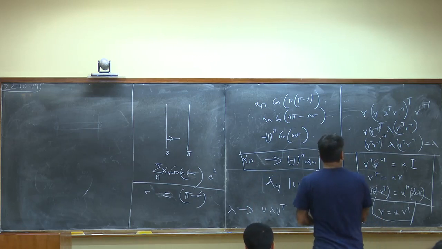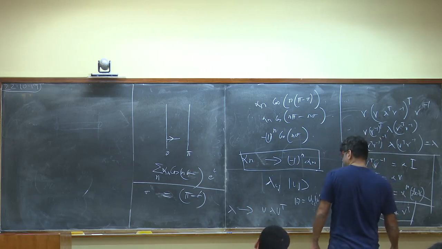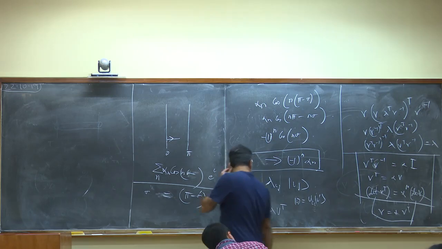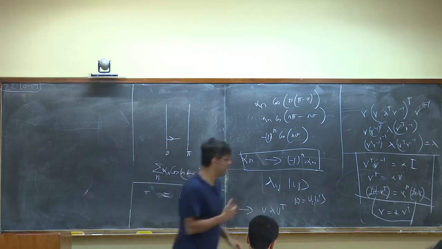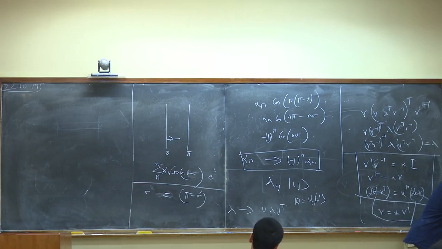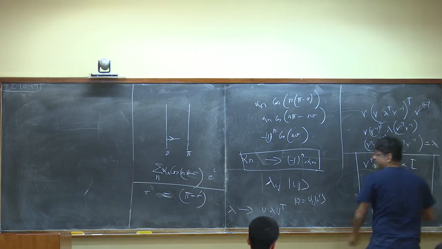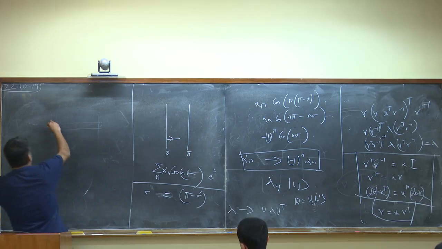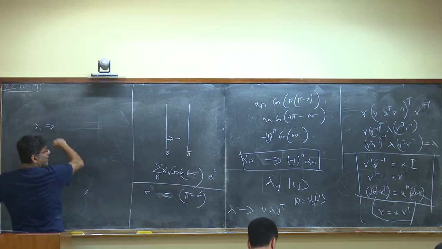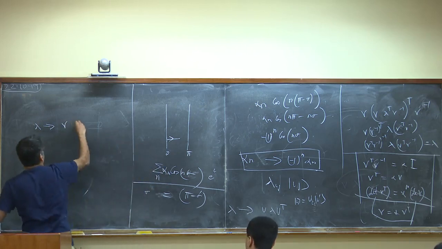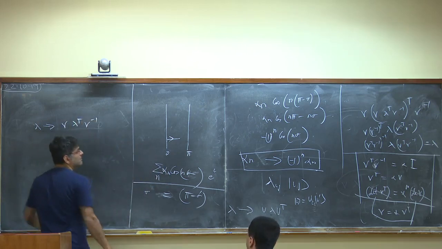You see, our rule was that, right. So what we had was, let's say that in the original basis we had lambda goes to gamma lambda transpose gamma inverse.